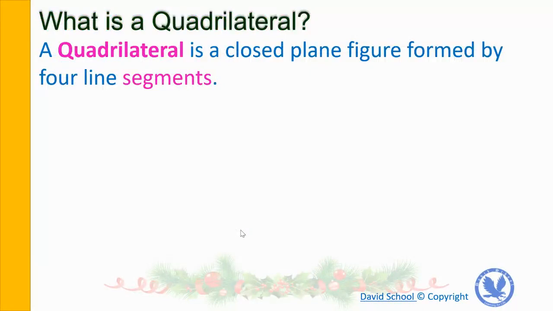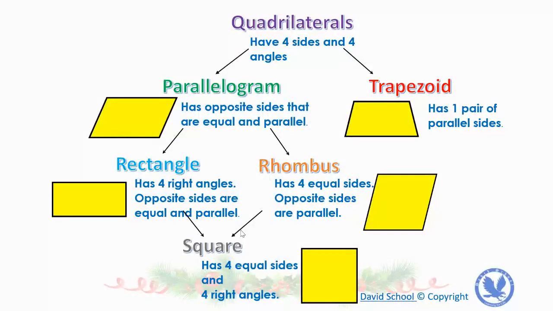What is a quadrilateral? A quadrilateral is a closed plane figure formed by four line segments. You can see a quadrilateral here. There are four sides, four angles, and four vertices. The classification of quadrilaterals. The first one is the parallelogram. A parallelogram has opposite sides parallel and equal.